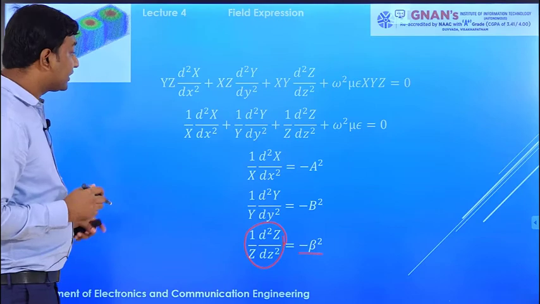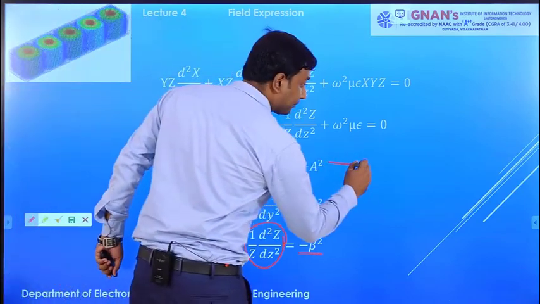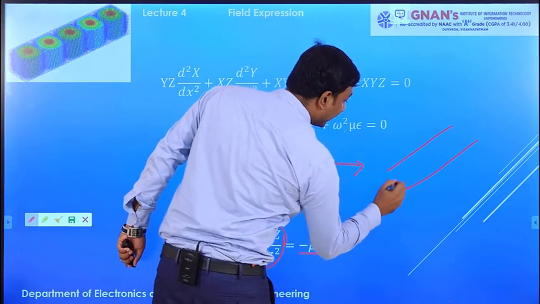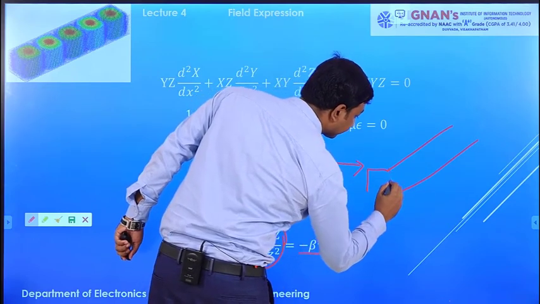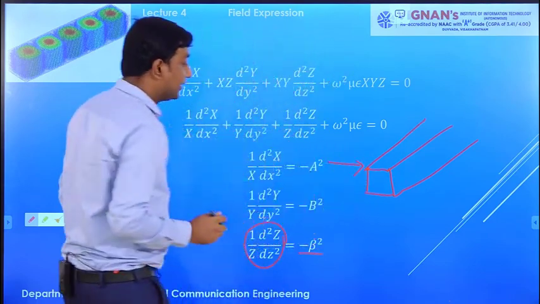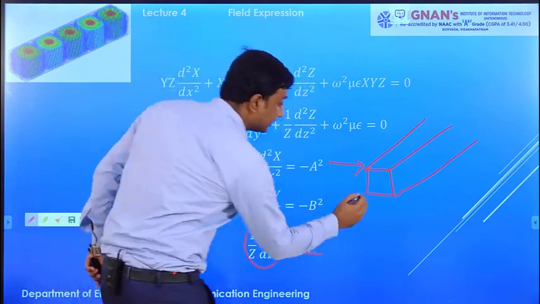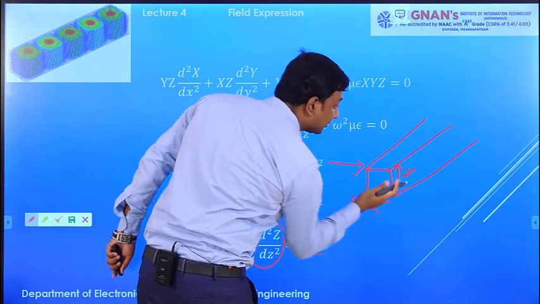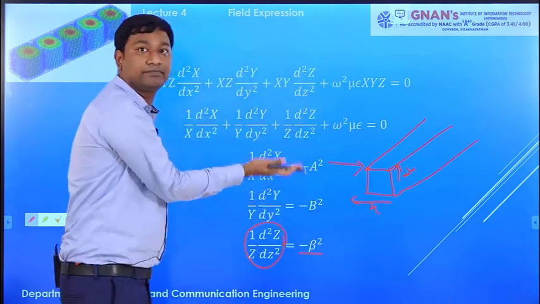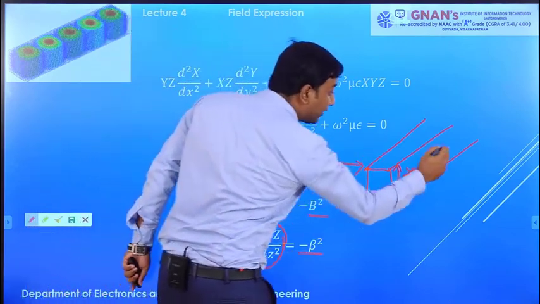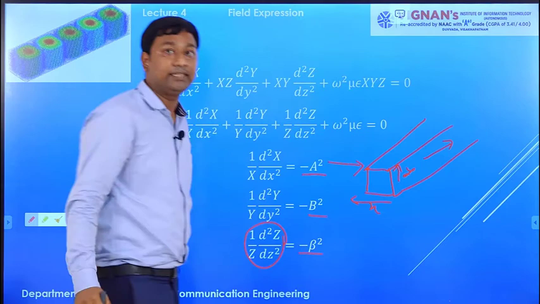So here we are considering that the wave is varying in the longitudinal direction. If this is the waveguide, then along the x and y axes the wave does not vary in the same way, so those are constants. But the phase term will come in the z direction.